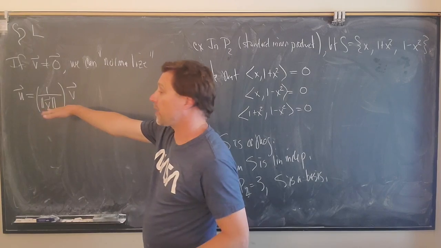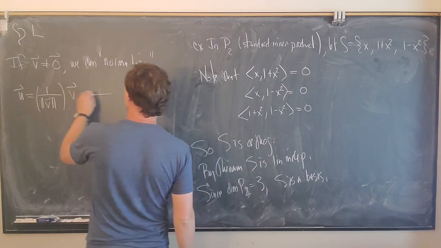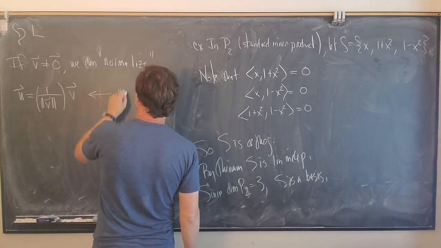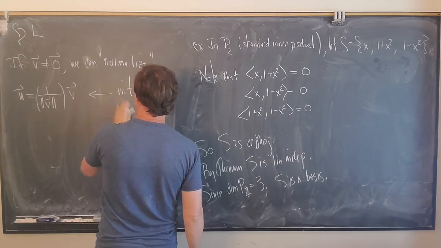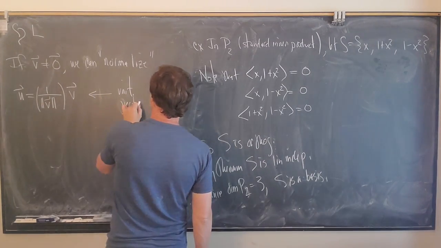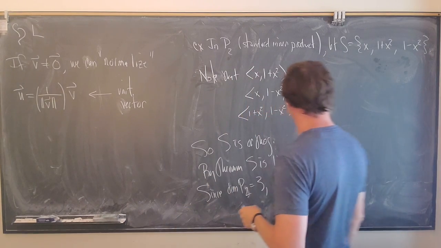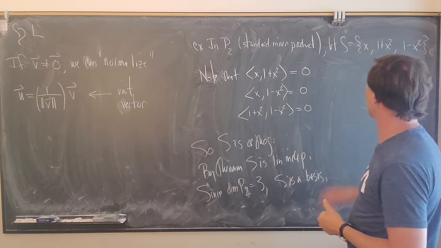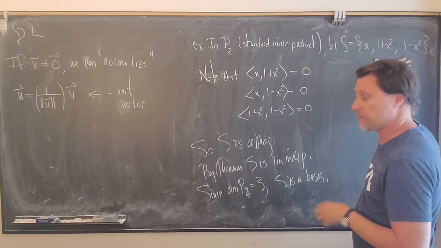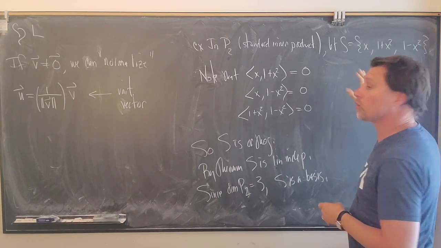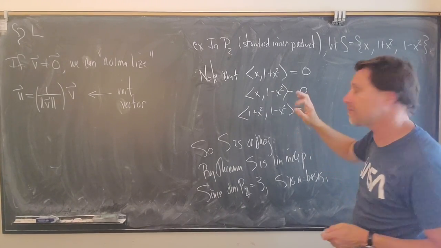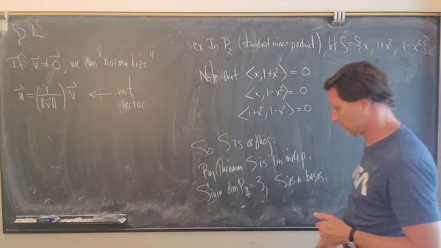And this vector right here will have length 1. In other words, as long as we have non-zero vectors, we can quickly convert an orthogonal basis, or any orthogonal set, to an orthonormal set by just dividing each one by its own length.